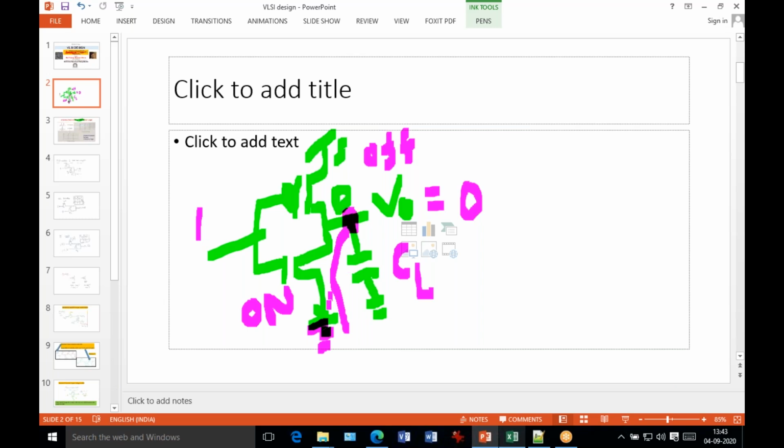Previously, in case 1, your output node was high. But in case 2, if the input voltage is 1, your output node goes to the 0 state, logic 0 or 0 volt, because this time your NMOS is on but PMOS is off.